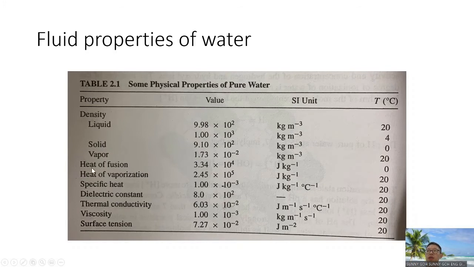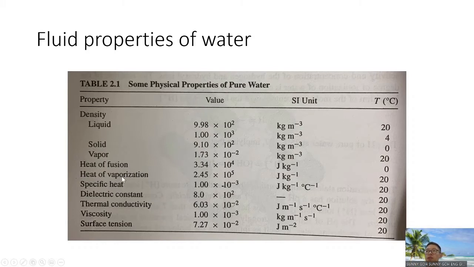There is also heat of fusion. Basically, heat of fusion is referring to the change of phase from a solid phase to liquid phase. So let's say 1 kilogram of solid converted from solid to liquid, it requires about 3.34 multiplied by 10 to the power 4 of joule in order for that to happen at 0 degree Celsius.